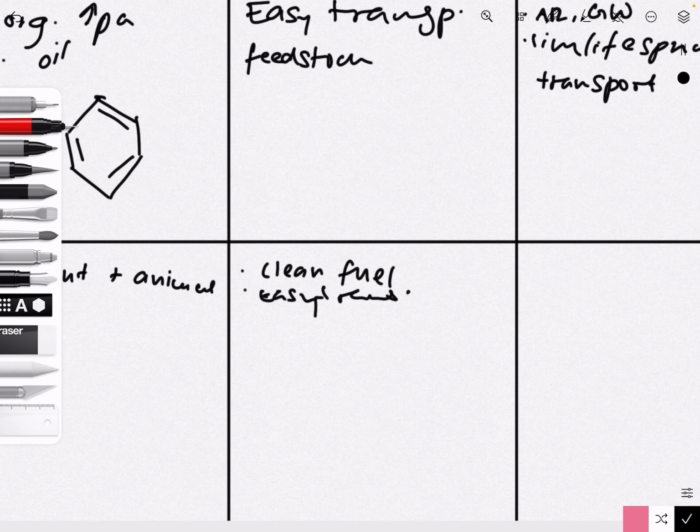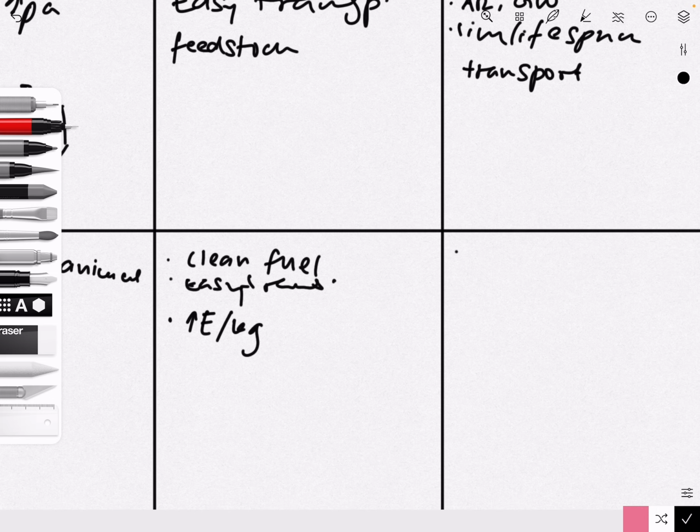As we mentioned, no acid rain, and of the three, it has the highest energy to weight ratio than the other two, but it is still a hydrocarbon fuel, and this means that you will still get global warming.